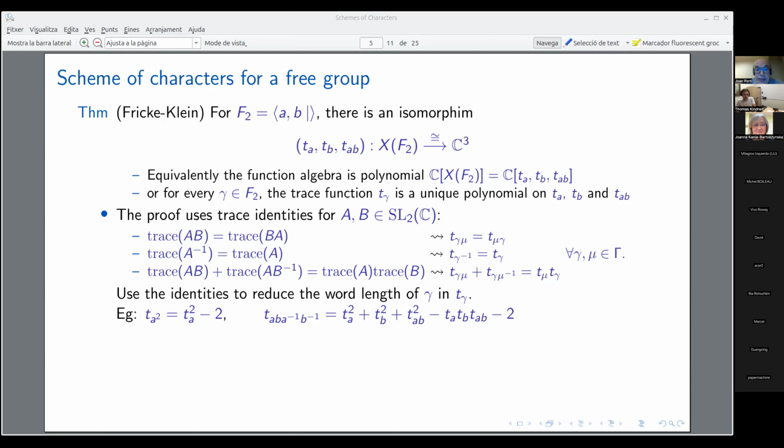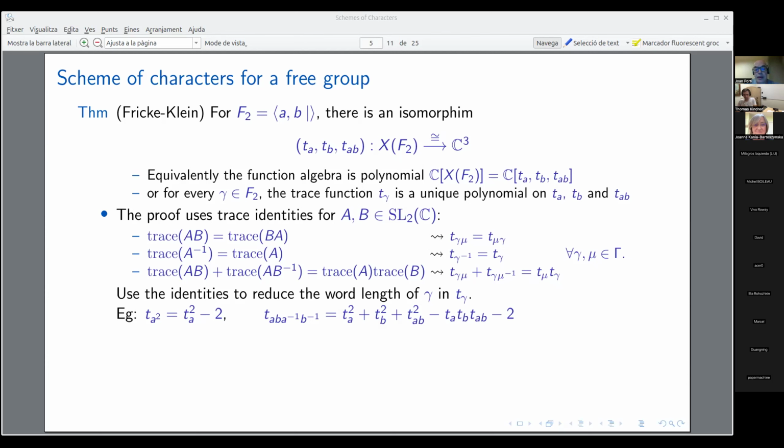And what Fricke-Klein do is use these relations to reduce every word into a polynomial in these three variables. For instance, if you take a squared, just use this relation with gamma equals mu equals a, and the trace of the identity is 2, so you immediately get this.